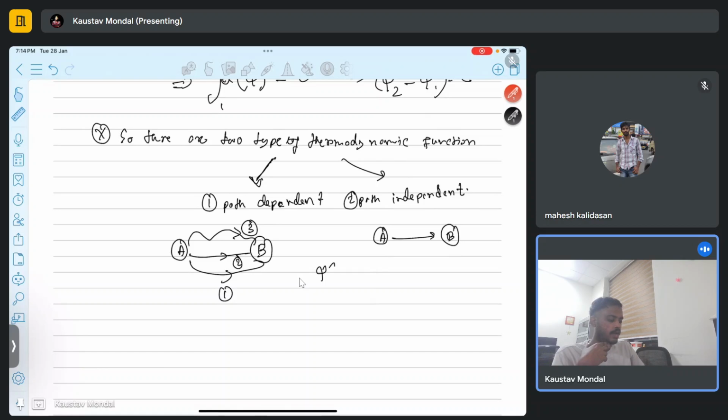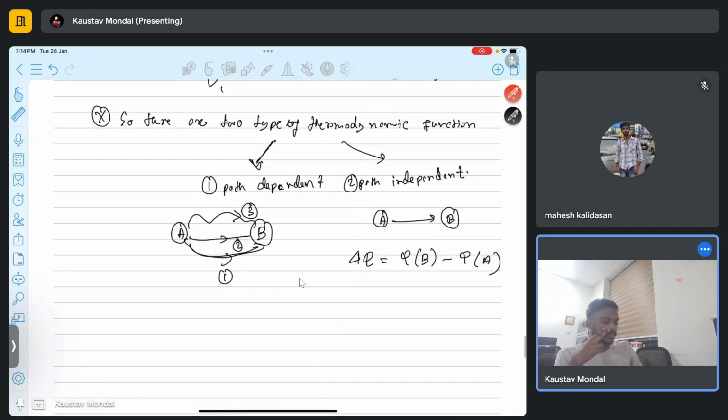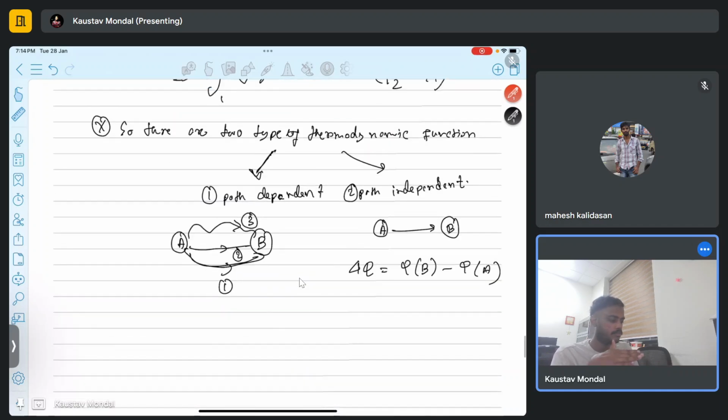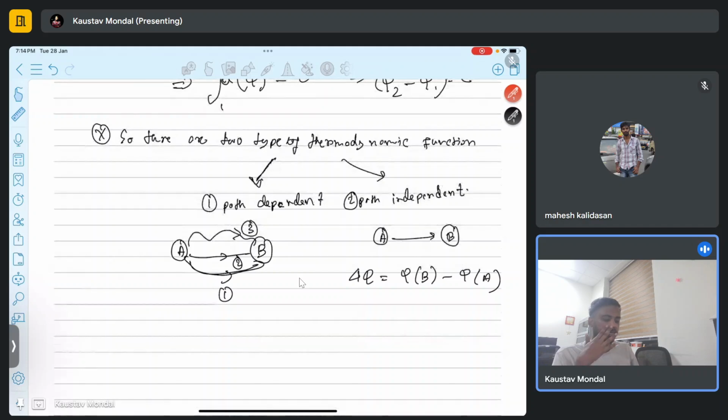So the change in phi from A to B, let's say d phi or delta phi, only depends on phi B minus phi A. That means this phi is exact differentiable. So path independent functions are basically exact differentiable.